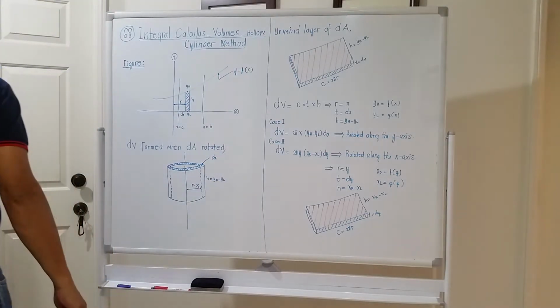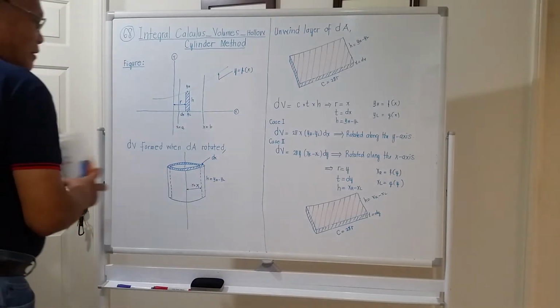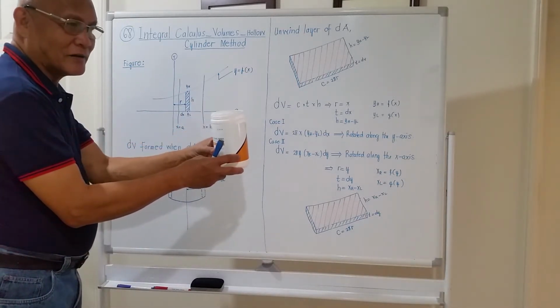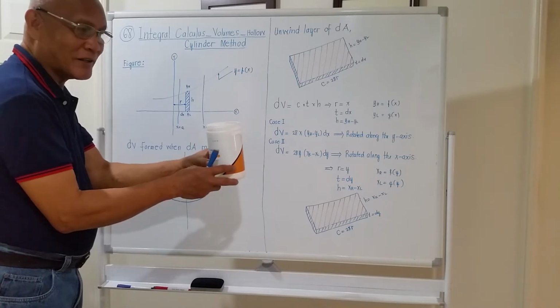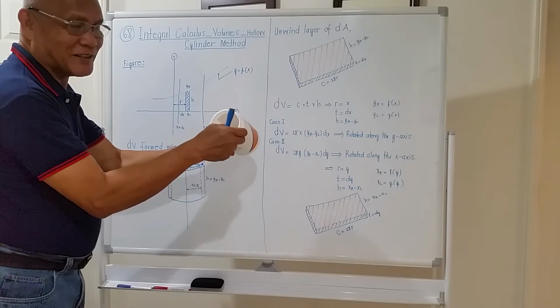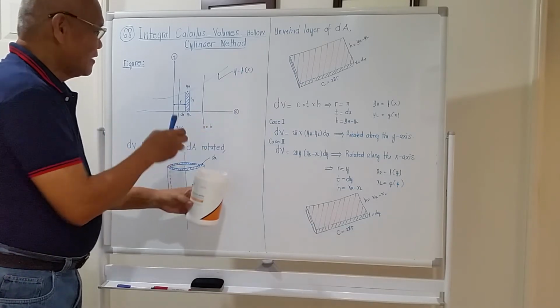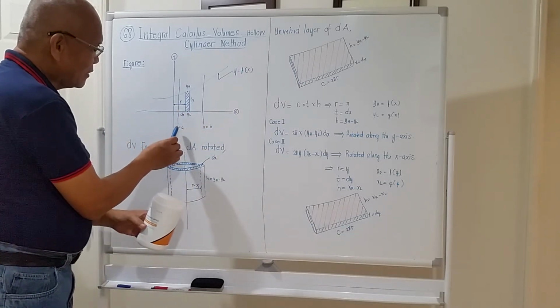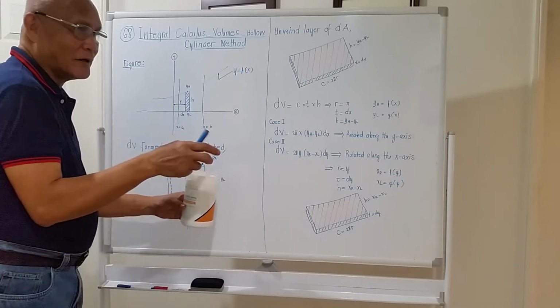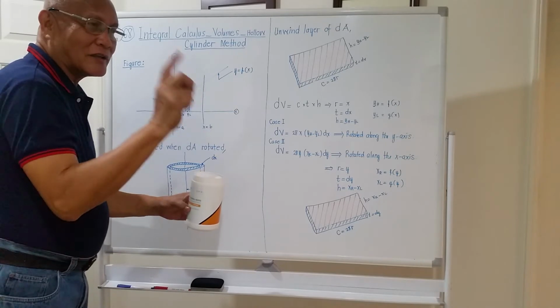What will happen will be something like this. You create a hollow cylinder, okay, a hollow cylinder with a certain thickness. If I will try to rotate the area between x equal to a and x equal to b one complete revolution, you will create a hollow cylinder.